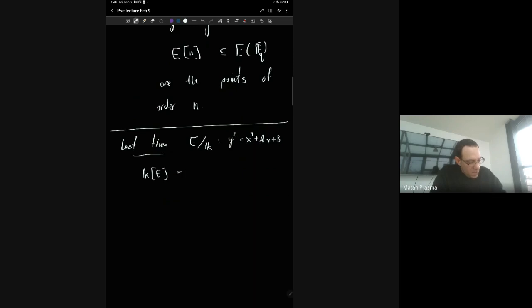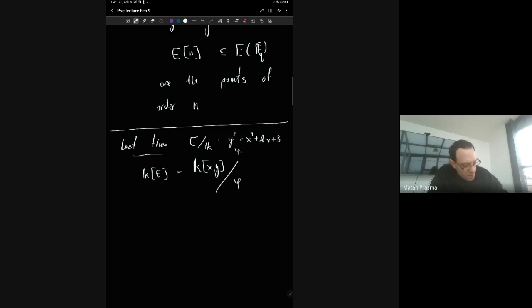This is what we want to think about as polynomials over E. That is, I take polynomials in two variables, and I mod out by the polynomial phi.